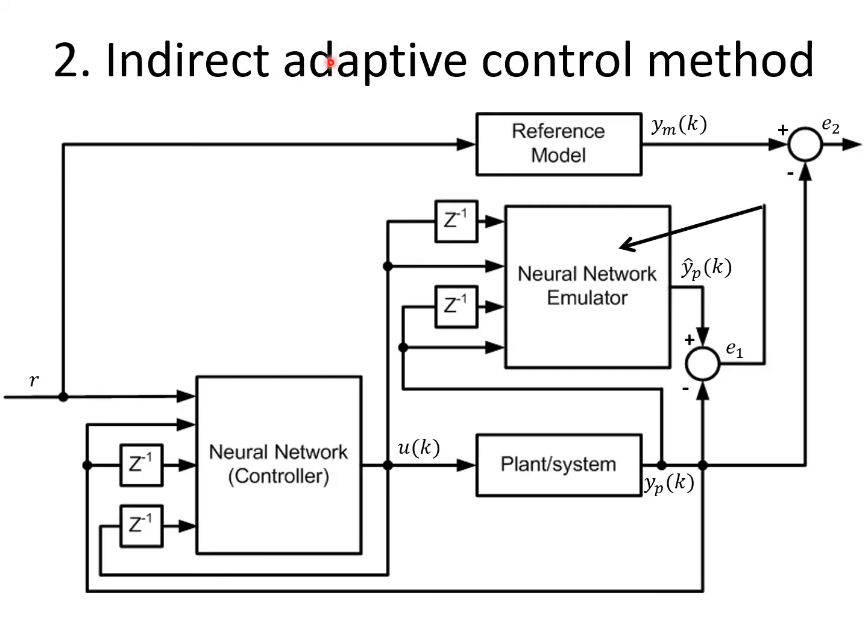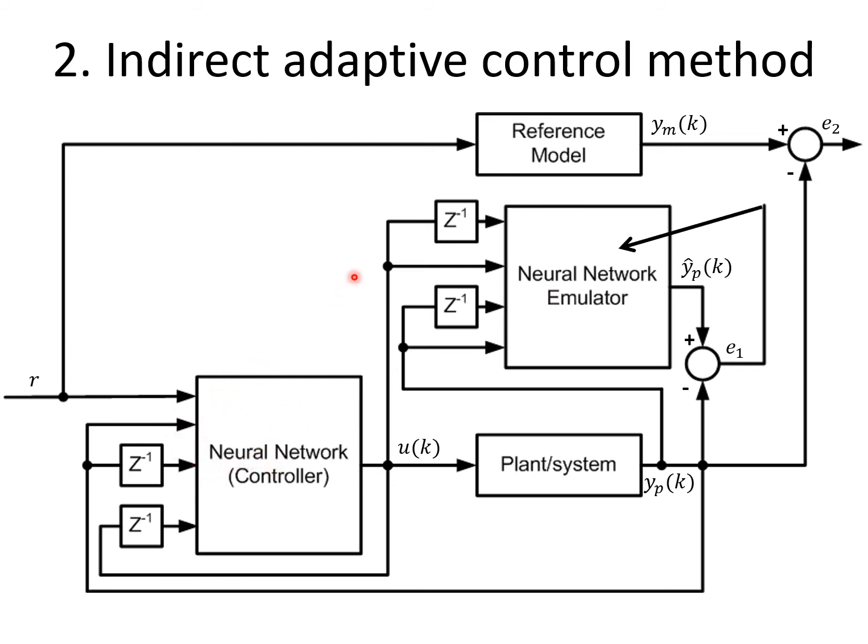The other one is where the neural network acts as the emulator, basically as a plant, just like the forward model, to get the forward model of the plant, and also it can act as the controller itself. It can act both as the predictive part or the inverse part and become the controller itself.